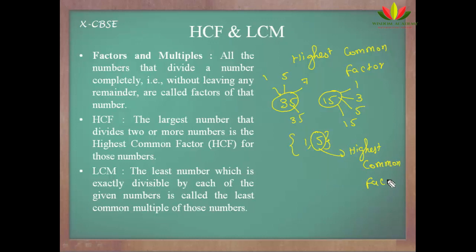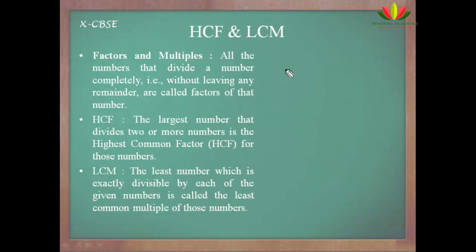From the name we can conclude that a factor is a number which divides completely, and it should be common to both, that's why the word common comes. So for 35 and 15, the common factors are 1 and 5. Since it says highest, I choose the highest number which divides these two numbers exactly. That is the highest common factor.